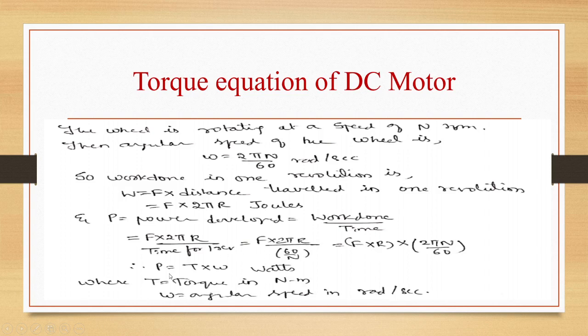So now the power developed will be equal to torque into 2 pi N by 60, which is omega, the angular speed of the wheel. So power developed is equal to torque into omega, that is torque into angular speed of the wheel. T is the torque in Newton meter, and omega is the angular speed in radians per second.